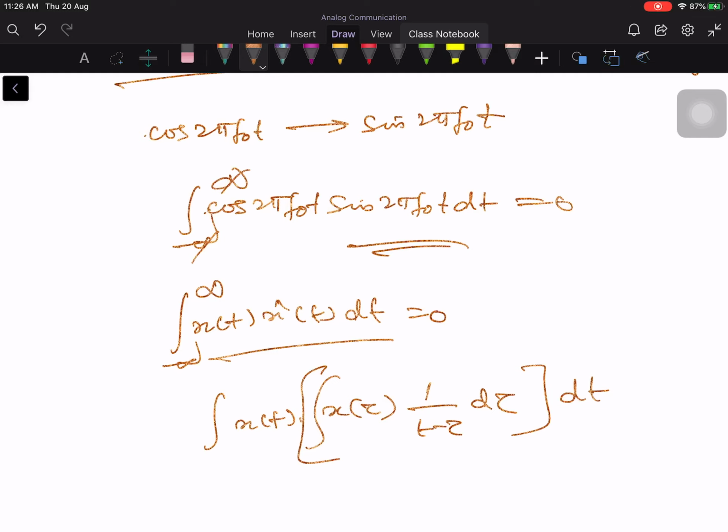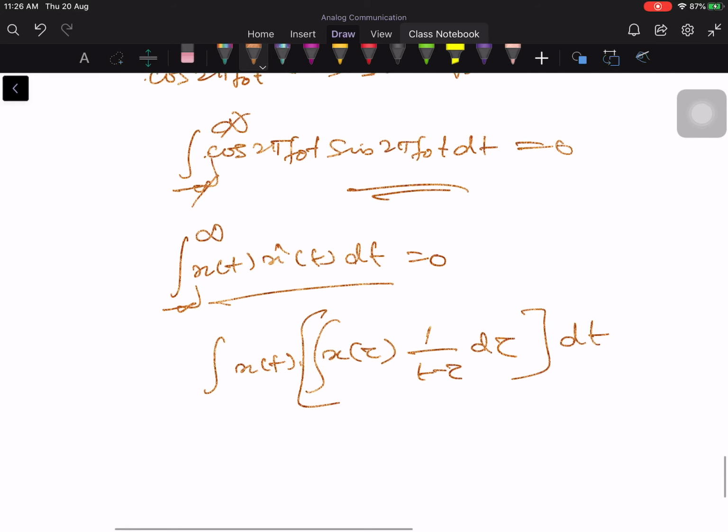A slight generalization of Parseval's theorem also you can use. There is a generalized Parseval's theorem available which talks about two functions, the integral of the product of two functions.